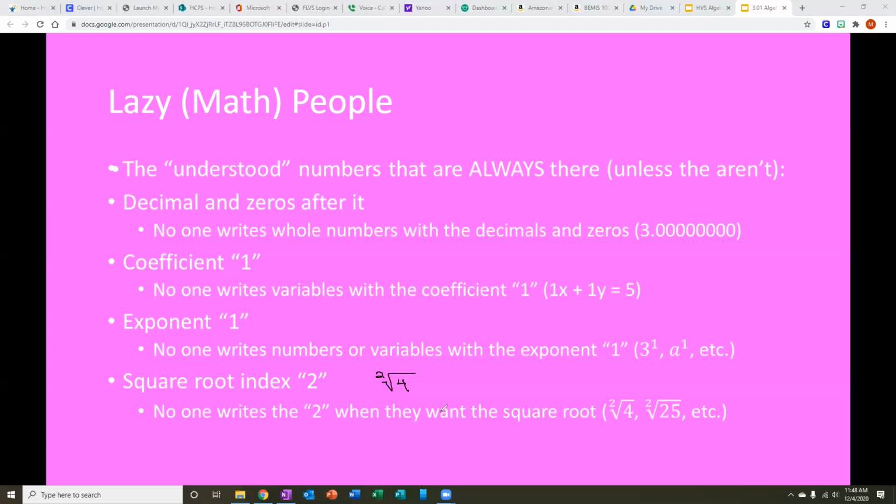So again, there's no need to write that 2 when you learn about radical signs because you don't do anything else with them for such a long time. But that's there. And that's super, super, super important. Every number has an understood exponent of 1, and every radical that doesn't have some other number has an understood index of 2. But that seems weird because we don't ever talk about it until now.